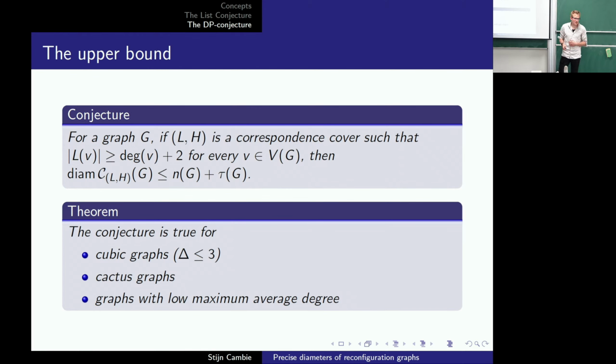And in the proof of some weakening of the list conjecture, it looks like it not only shows that the diameter is small, but also gives a polynomial time algorithm to find such paths. But in the proof of the weakening of the DP conjecture, the proof does not look like it works in polynomial time, because we need to find the minimal vertex cover.